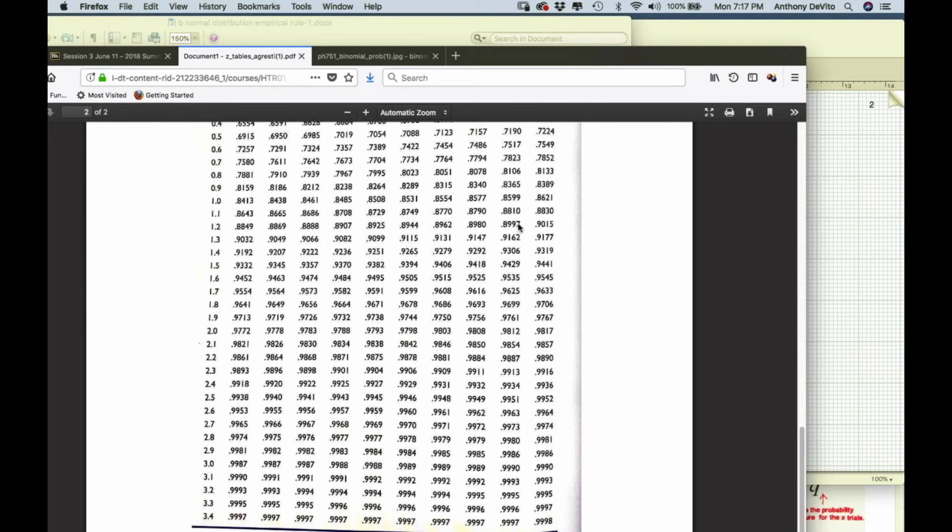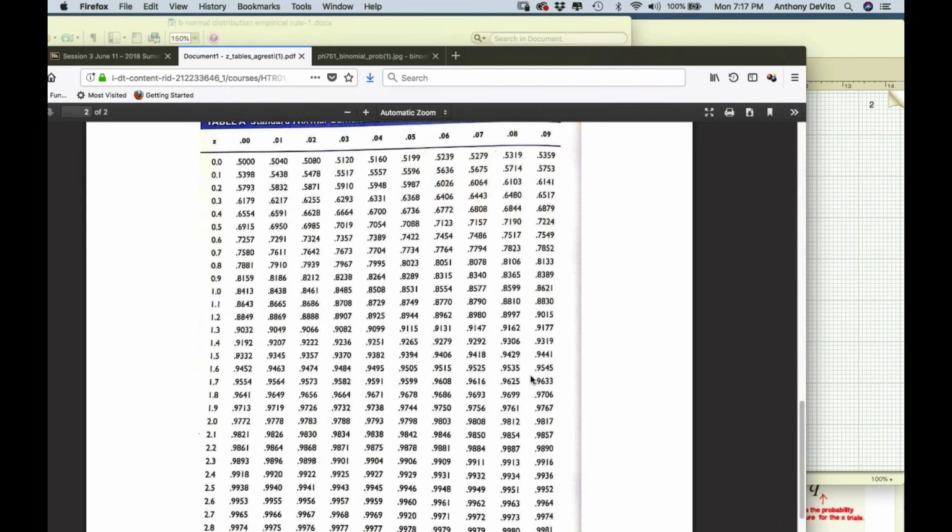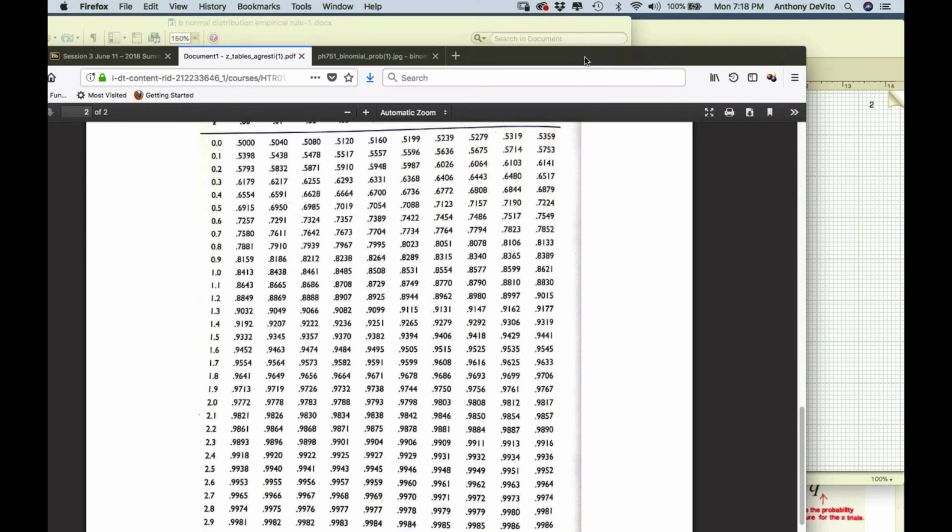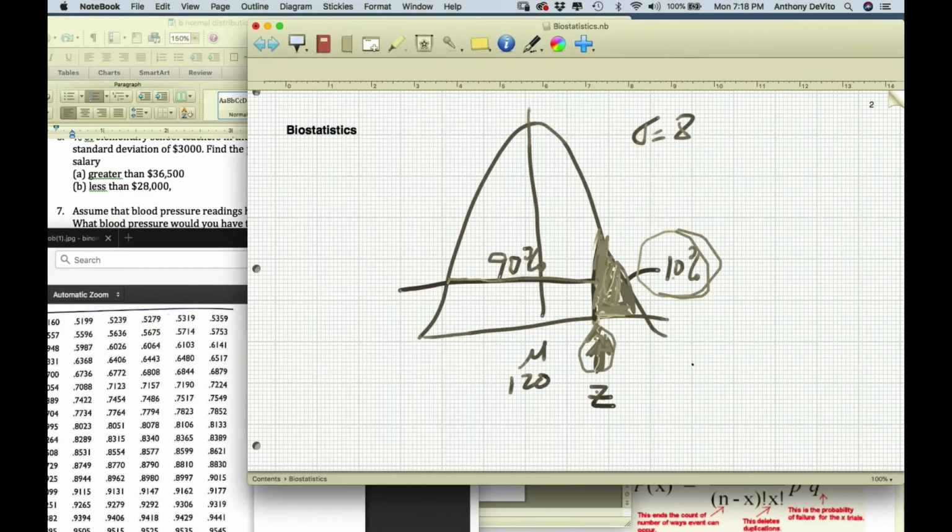So what z-score is that? That z-score is 1.28. So the z-score that represents 10% of the area above, or 90% below, is 1.28. So I've used this table backwards. I found the area by looking in the table itself and then referenced what z-score that represents.